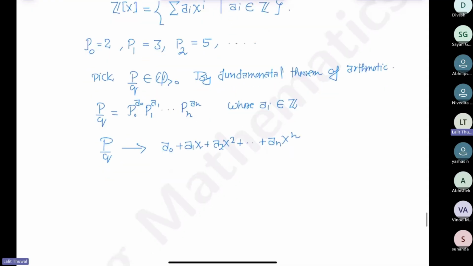So let me know whether this is well defined or not. First, the map is well defined, right? Because prime factorization is unique.